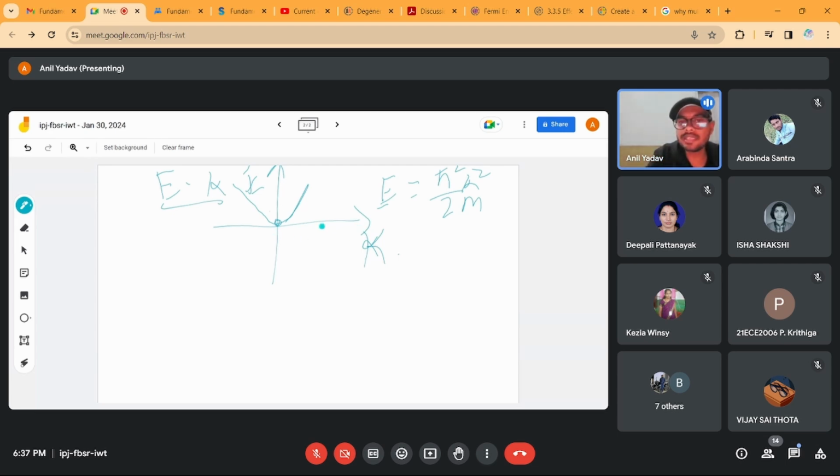This is E and K, this is the zero point, and here we increase the momentum. If someone says the electron is here, that doesn't mean the electron is going up in real space; it has the momentum corresponding to this point.